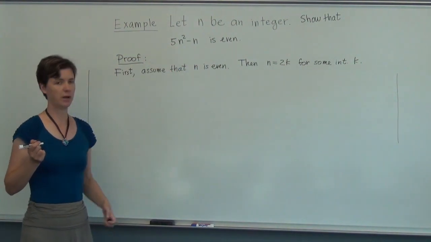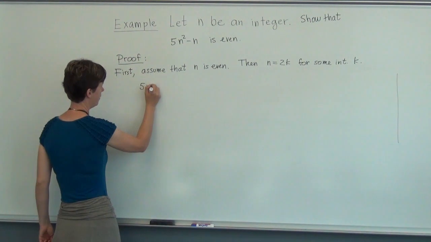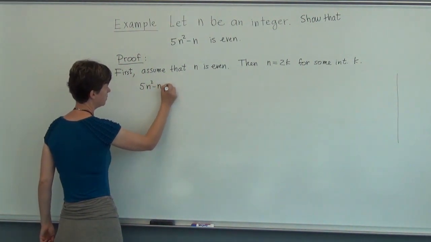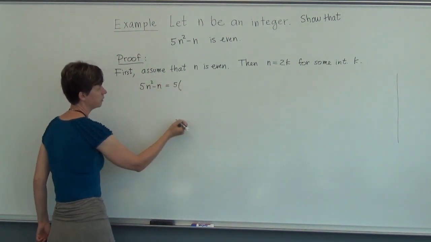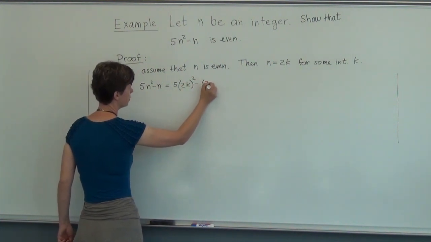Let's take a look at 5n squared minus n. 5n squared minus n is equal to 5 times (2k) squared minus 2k.